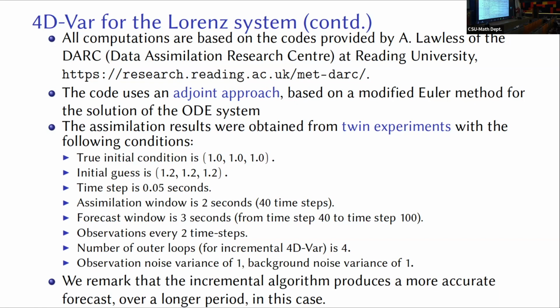This is a classic way of testing new methods and learning how methods work. Here, for reference, are the conditions that I used: a certain initial condition, and an initial guess which is 20% distant from the initial condition. I will have an assimilation window of 2 seconds and then try to forecast for 3 seconds. Not forgetting this is a very chaotic system.